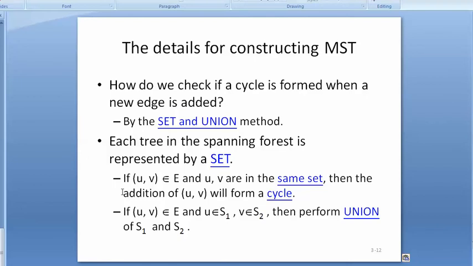If two vertices u and v are in the same set, this implies that they are already connected, and if you include an edge between them, that will form a cycle, so you have to reject this edge. Suppose they are not in the same set, say they belong to S1 and S2, then we perform the union of those sets to create a new set S dash, which indicates that u and v are no more disconnected. This is how we perform the algorithm.